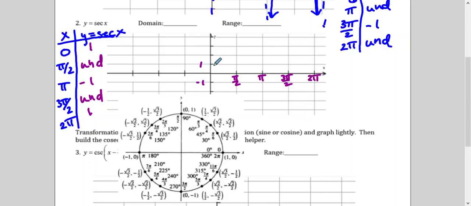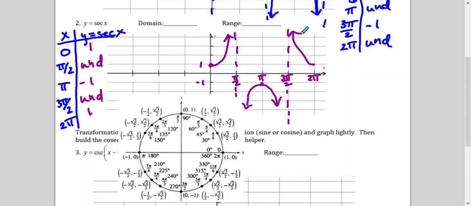Okay, so at 0 we have 1, then we get undefined, then we have negative 1, and then we have undefined. So this graph is similar to the cosecant graph, but it's hard to see a full period of this graph when you graph just 0 to 2 pi. It is a full period. It just doesn't look like it. Let's see, and at 2 pi, what did we have? We had 1.